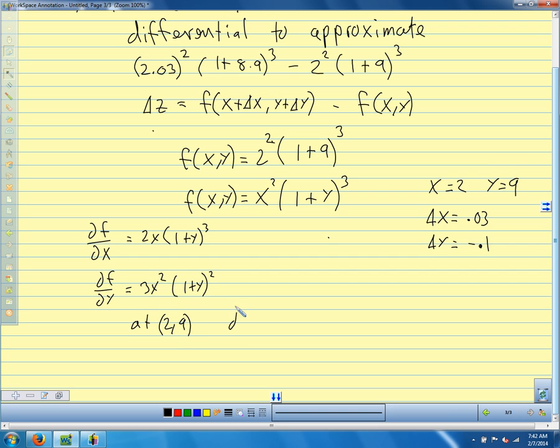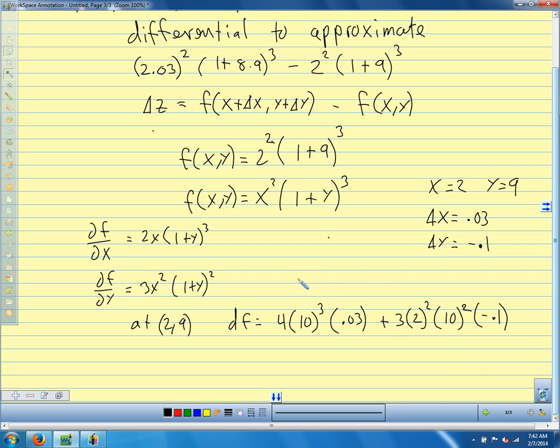Our total differential is 4 times 10 to the third times 0.03 plus 3 times 2 squared times 10 squared times negative 0.1.